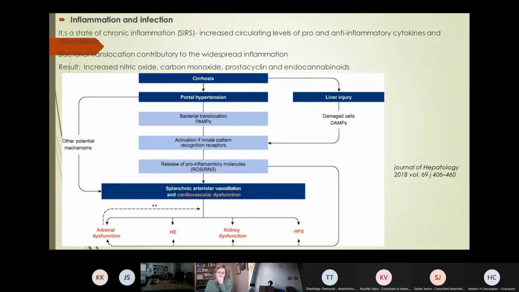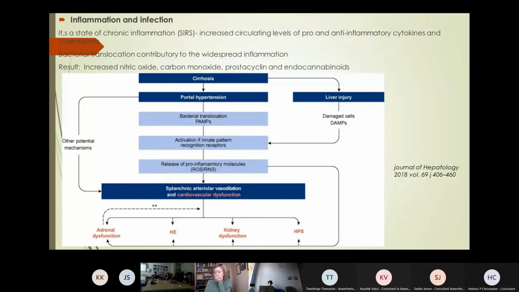And that's when you say that these patients usually have increased nitric oxide, prostacyclin, endocannabinoids. All this will result in vasodilation, and the vasodilation is mostly in the splanchnic bed. And that's how they come in with a hyperdynamic circulation.